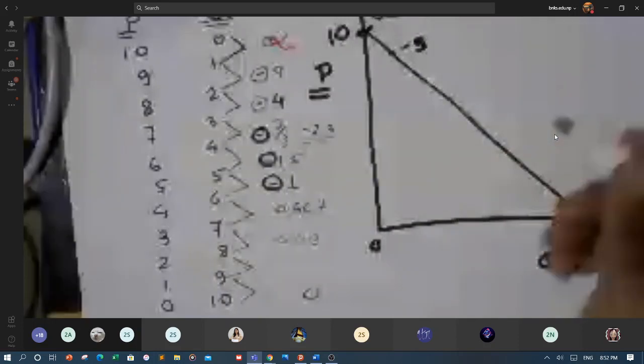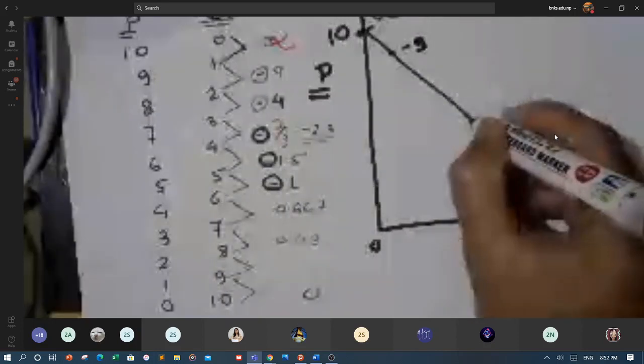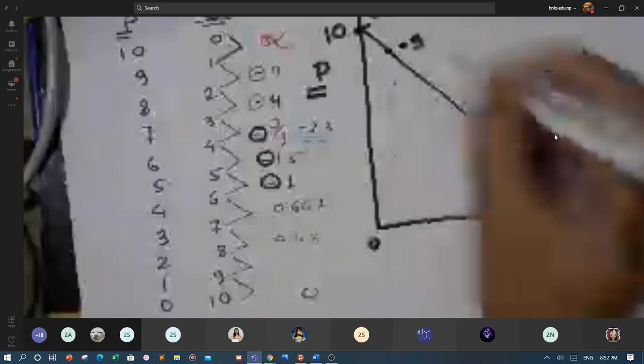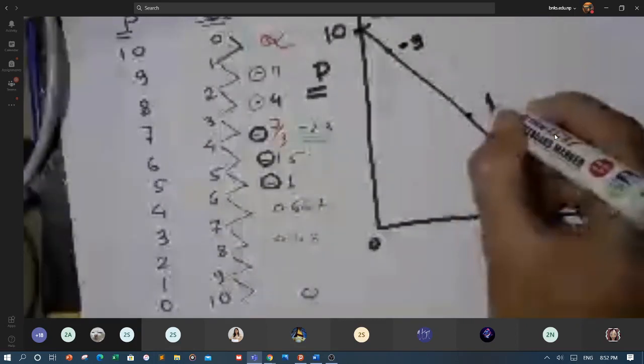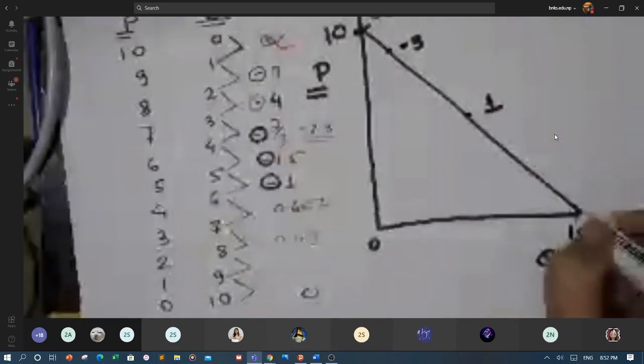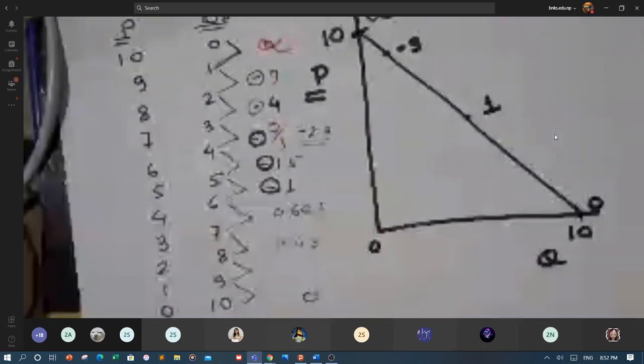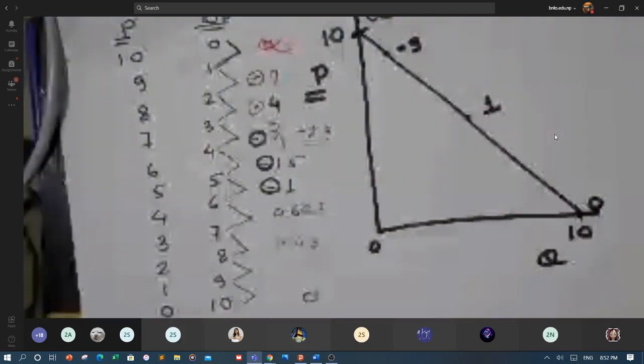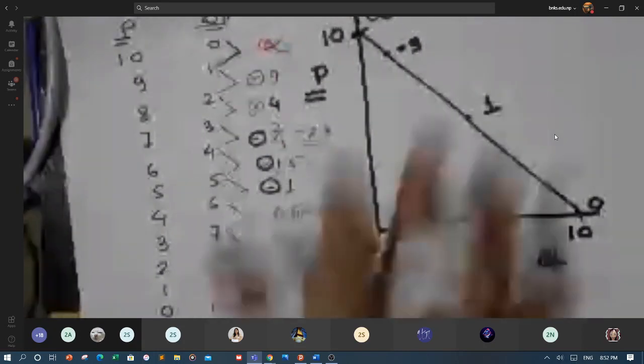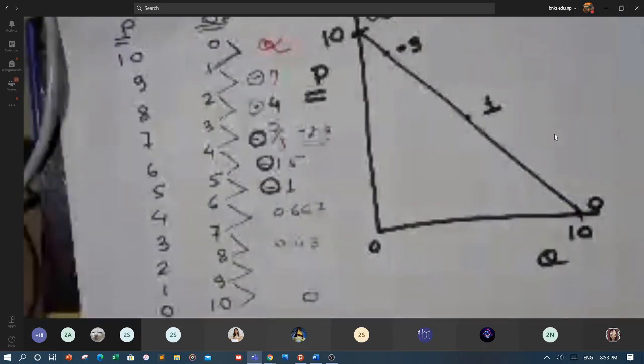We can simply ignore the minus sign, so it will be only 9. In the midpoint it will be 1, and this point will be 0. So on the basis of this, what conclusion can be drawn? This type of straight line, which we call a linear demand curve, possesses all the 5 elasticities.